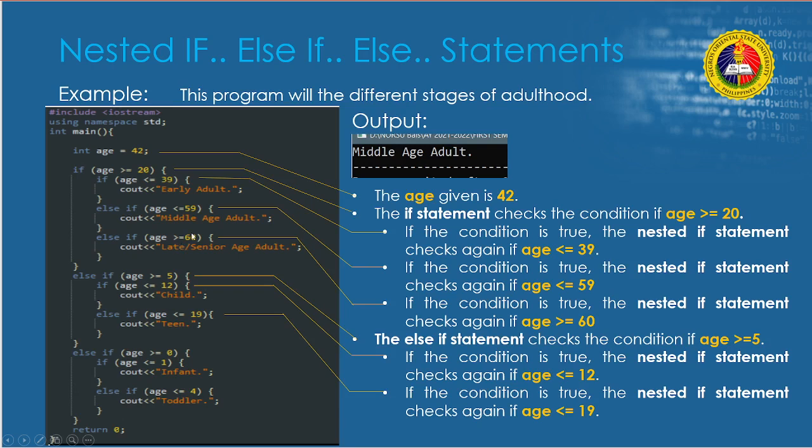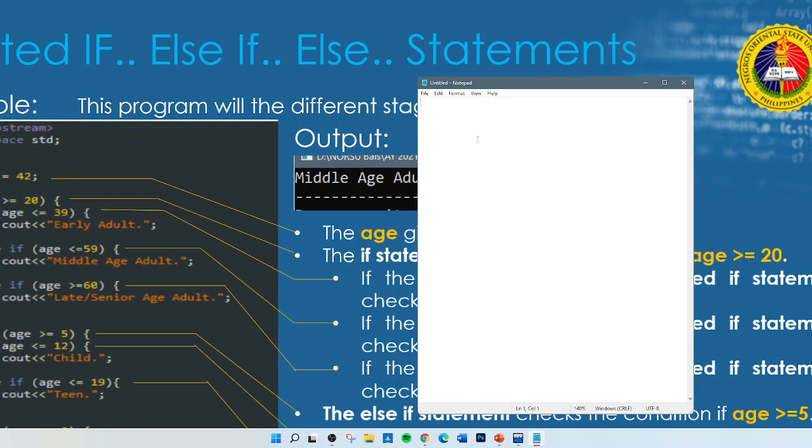So let me write it down on a notepad. Notepad. So again, here's how we're going to do our program. If 0 to 1, it will display infant. If the age is 2 to 4, it will display toddler.